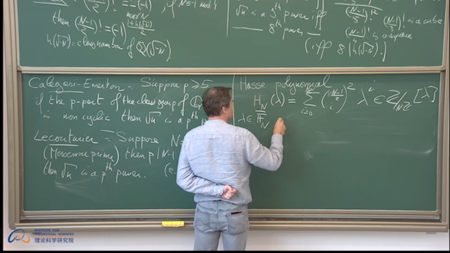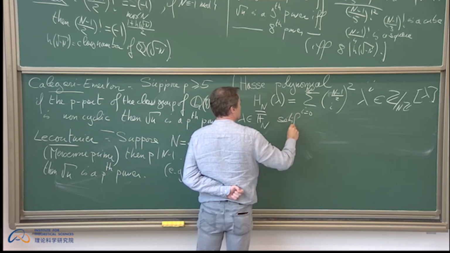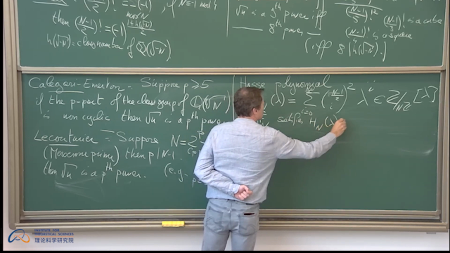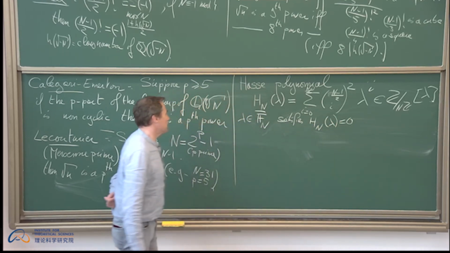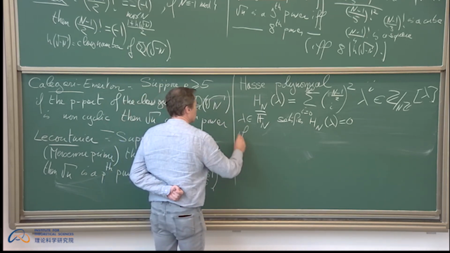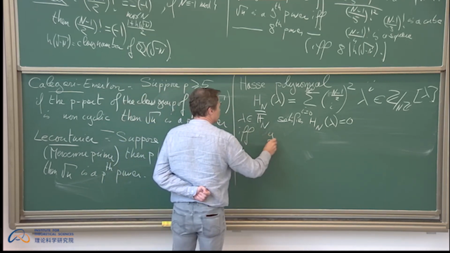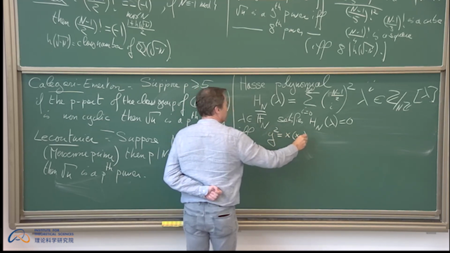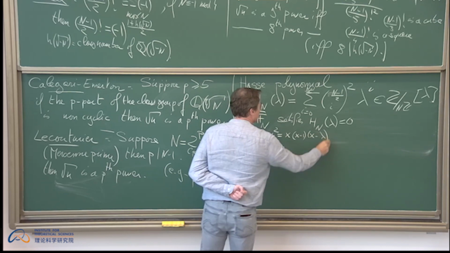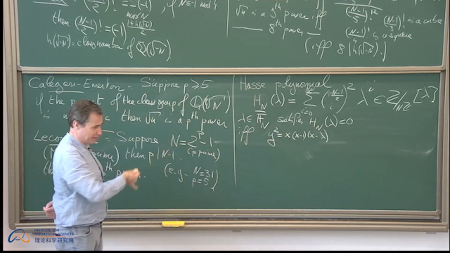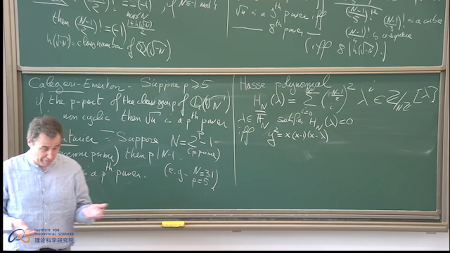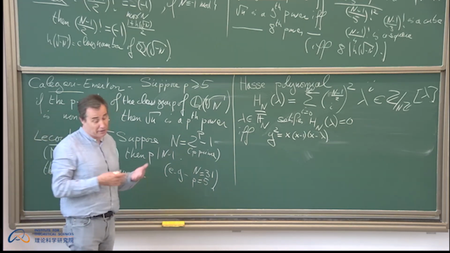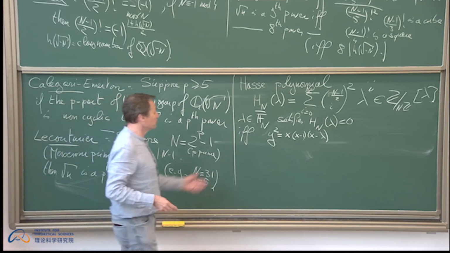So lambda in F_n bar satisfies: the roots of this polynomial are precisely the lambda such that, if you take the elliptic curve, it's supersingular. It's an elliptic curve over finite fields, and there are two types of elliptic curves over finite fields: the ordinary ones and the supersingular ones, and there are finitely many supersingular ones.